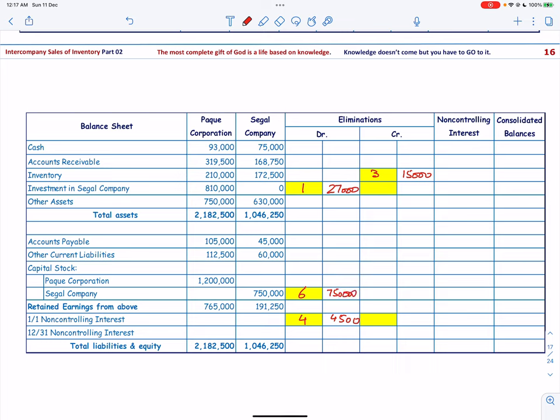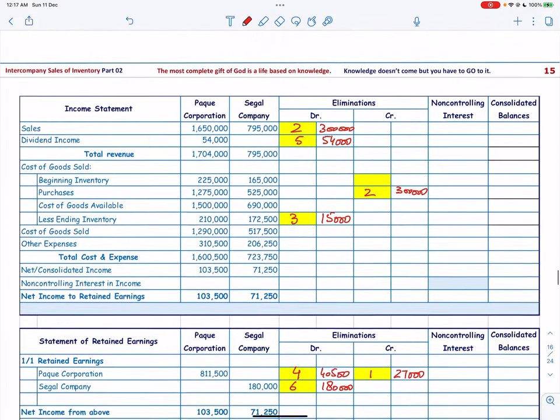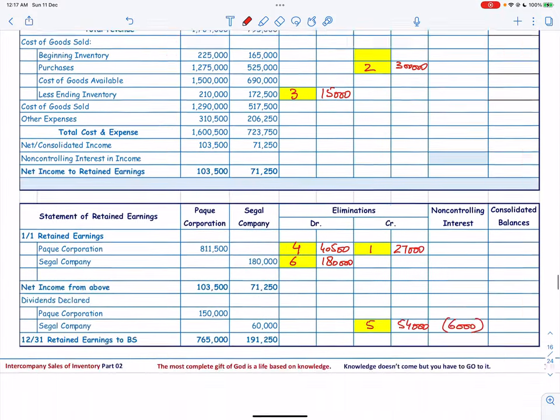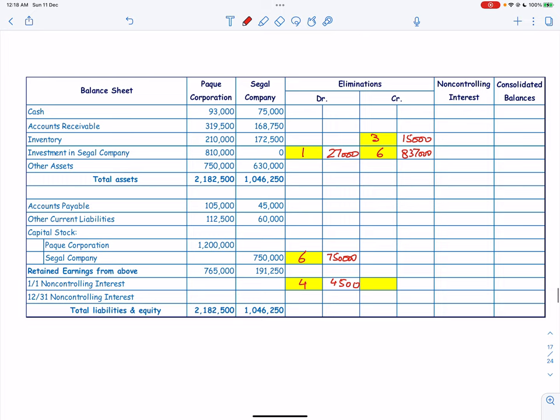Then we have to eliminate the investment, and investment was credit. So where is investment? In the balance sheet, and this is number 6, and how much was it? 837. And then we have the non-controlling interest, and that will be in the balance sheet, that is number 6, and that was 93,000.